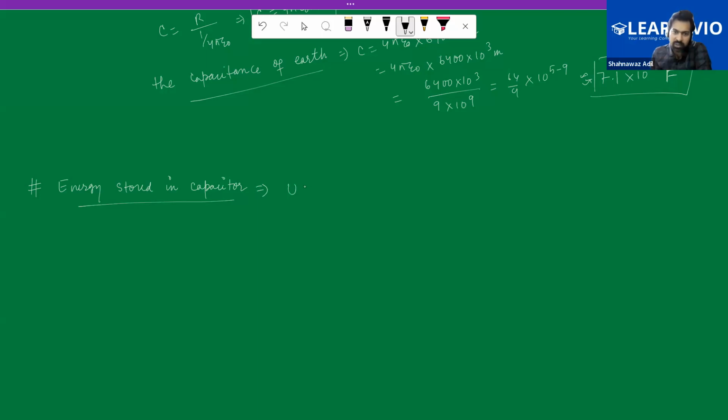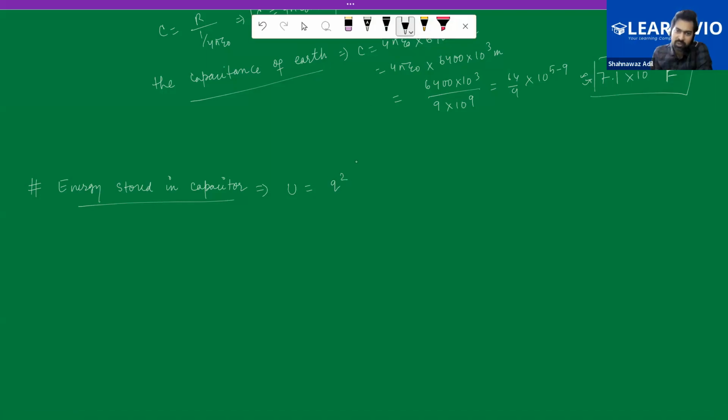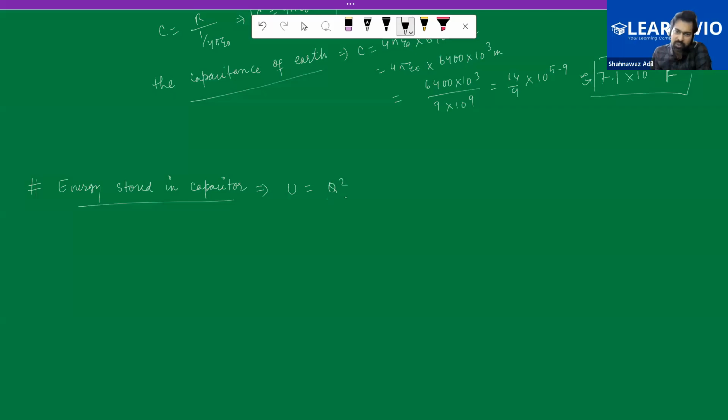Energy stored in a capacitor is simply Q square by 2C, or we can write this as half CV square, or half Q into V. Depending upon the situation, we can use any of these three relations.